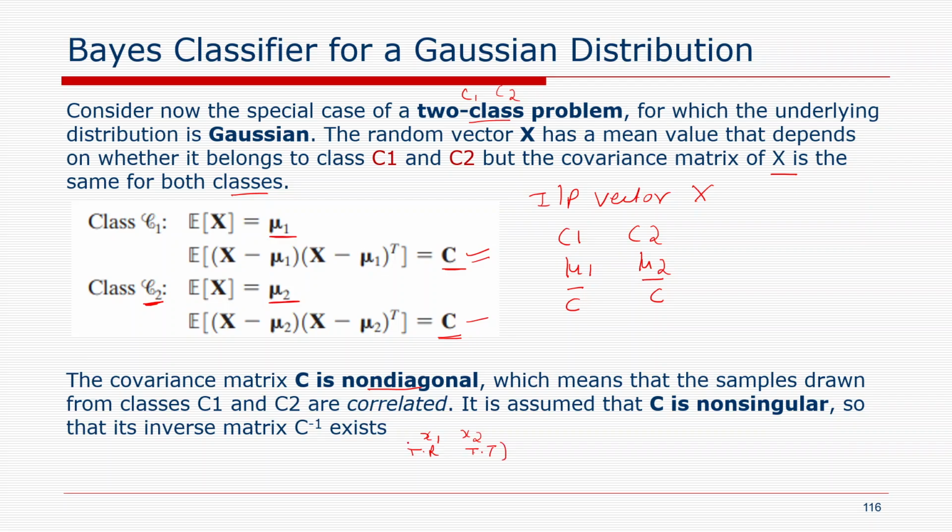These two features are related if C is a non-diagonal matrix, that is, both the features x1 and x2 are correlated. And also we'll assume C is non-singular, which means the inverse of the matrix exists, that is C inverse exists for the covariance matrix.